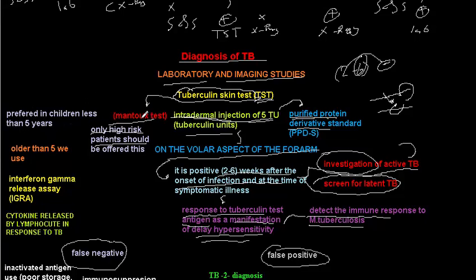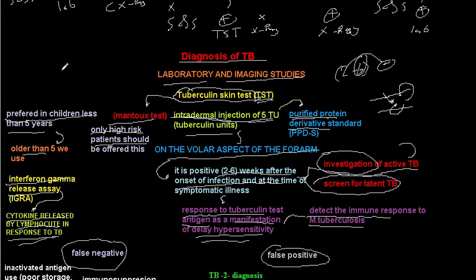A tuberculin skin test is preferred in children less than 5 years. Actually, in those older than 5 years, we use another test, which is the interferon gamma release assay. The interferon gamma release assay directly detects the cytokines released by lymphocytes in response to TB.